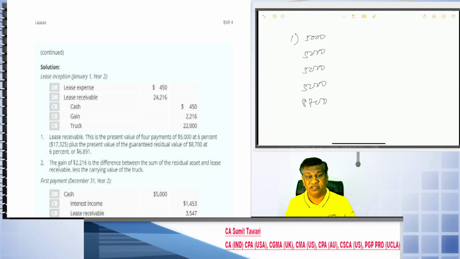If I consider the discount rate of 6%, 1 divided by 1.06 is 0.94. Then divide by 1.06, 0.89. Divide by 1.06, 0.83.